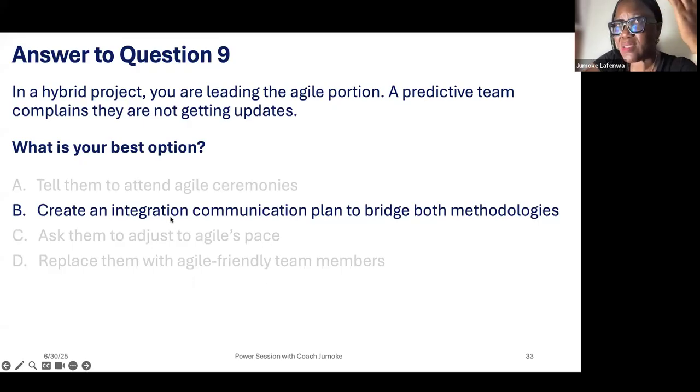So what makes sense and follows best practices is for you to create an integration communication plan, because probably how the agile team is approaches the updates is different from what the predictive team is comfortable with. So it's important that you familiarize yourself with these approaches, and then you can come up with best practices.